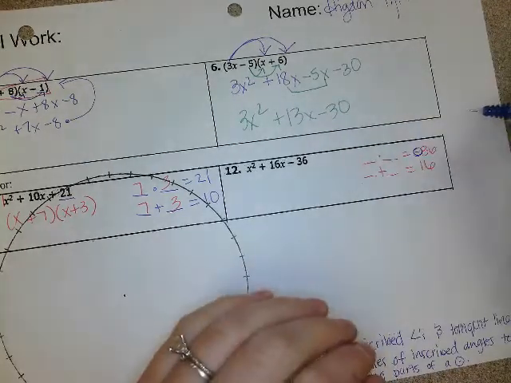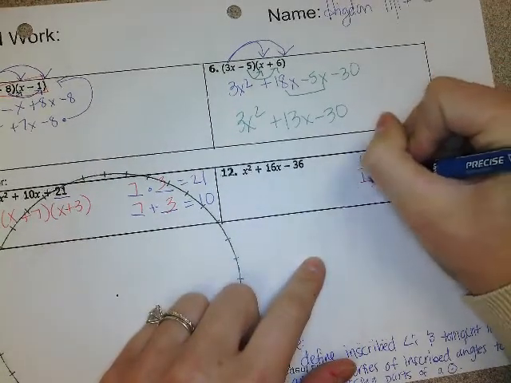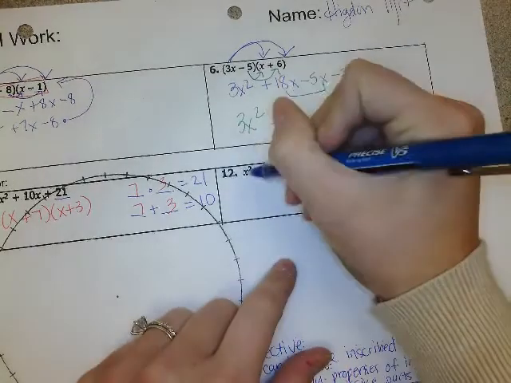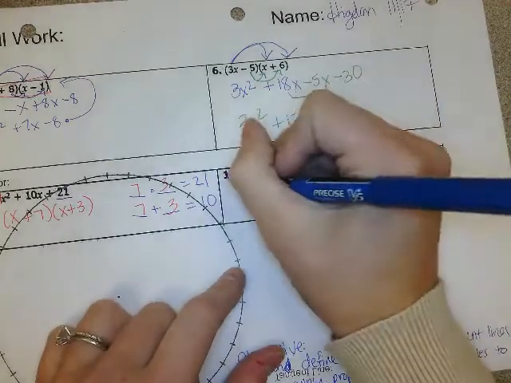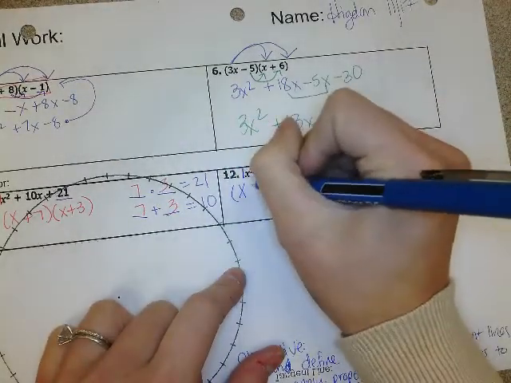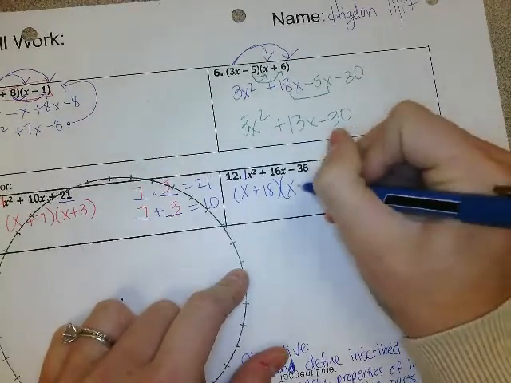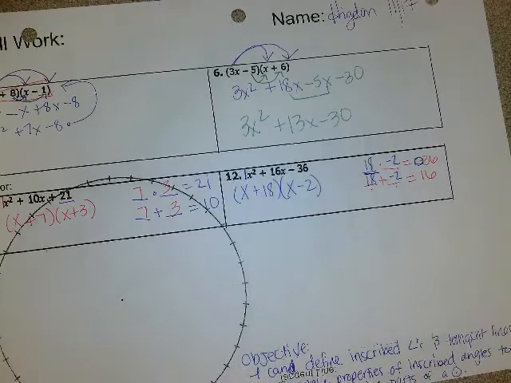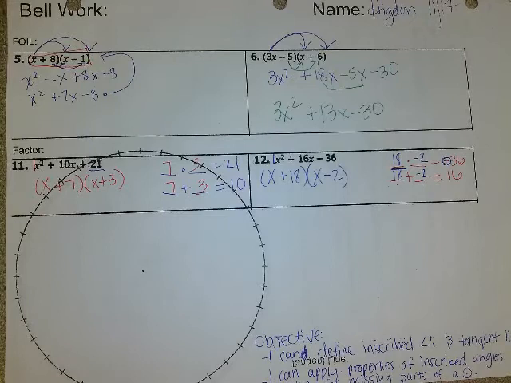What did we say? 18 and -2. A is 1, so the number in front of x squared is 1, and I can put these straight into my binomials. So x plus 18 times x minus 2. Now remember, I cannot set that equal to 0 because there's no equal sign. You can't just have a little equal sign fairy fly by and drop a little sign off. They don't exist.